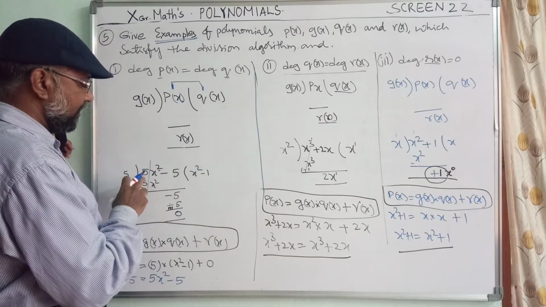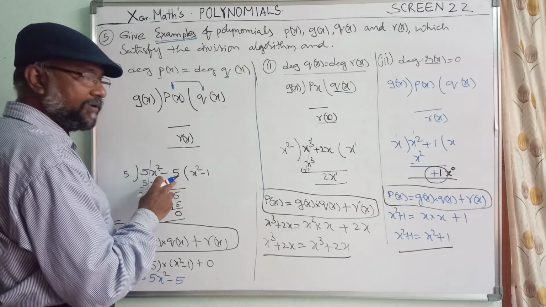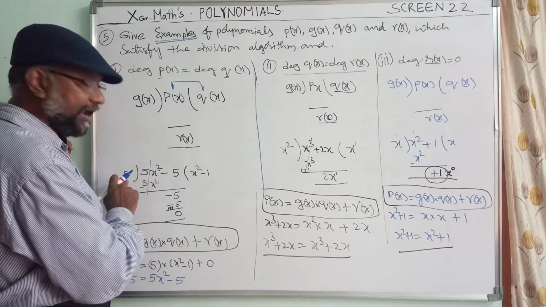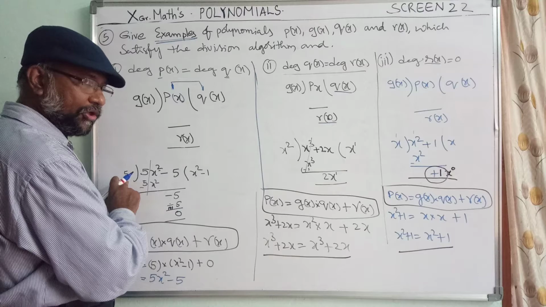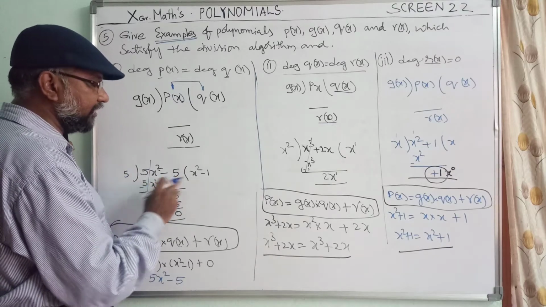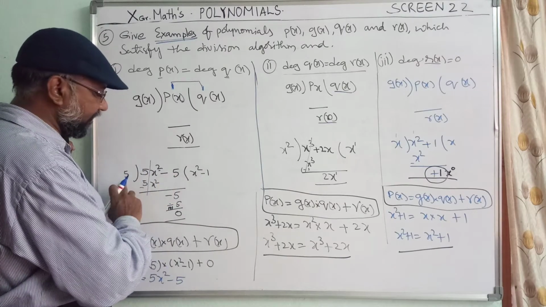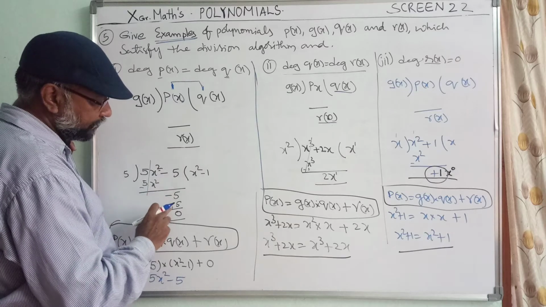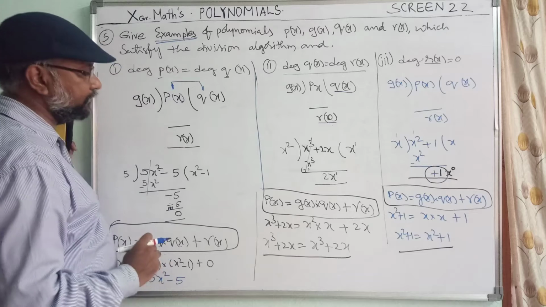Now I assumed 5x square minus 5. This is my assumption, and I assume the divisor 5. Therefore x square into 5, 5x square, cancel, minus 1 into 5, minus 5, we have to drop down minus 5 and we will get minus 5 and it will be plus and it becomes 0.